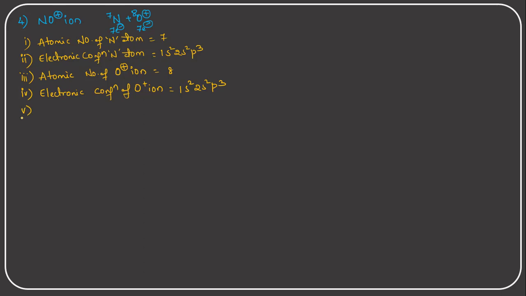Okay, so the fifth point is the total number of electrons in the NO plus ion. How many electrons are there? I already told you, 14 electrons. And the sixth point is the construction of the molecular orbital energy level diagram of the nitrosonium ion, NO plus molecular ion.